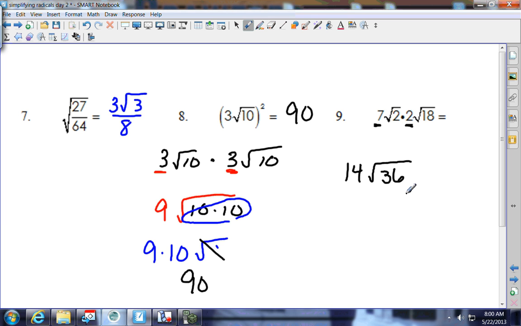What's the square root of 36? Yeah, 6 times 6 is 36. So that means I have 14 times 6. And there's nothing left in the square root sign, right? Because the square root of 36 is 6. So now what is 14 times 6? 84.